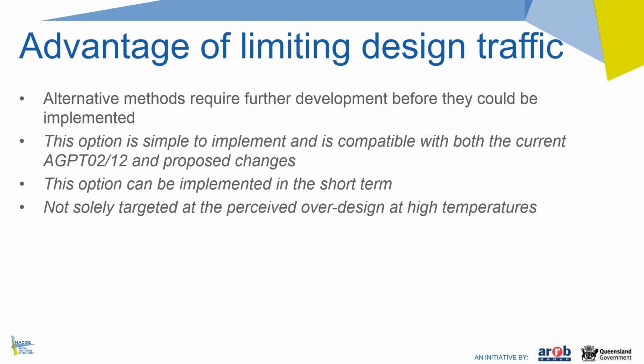Some reasons why we are choosing this: first of all, some of these alternative methods still need further development before they can be implemented, and simply putting a limiting design traffic for Queensland would be the simplest and most compatible with the current AGPT method.